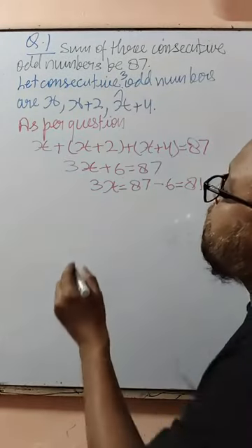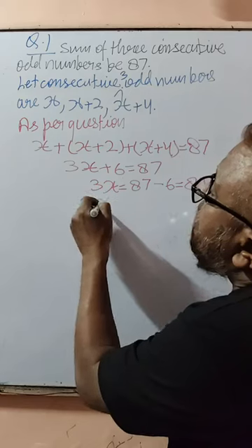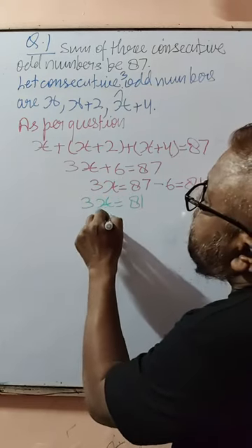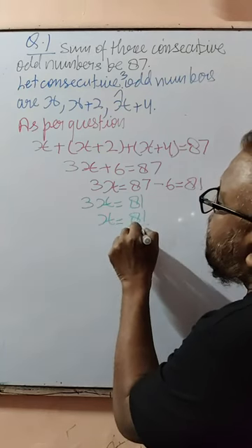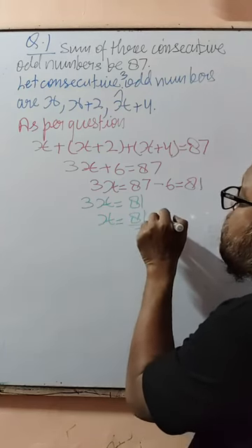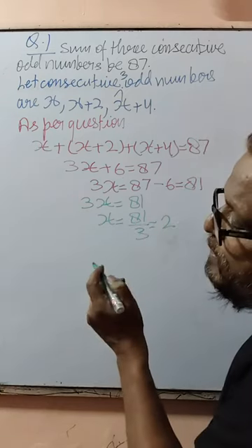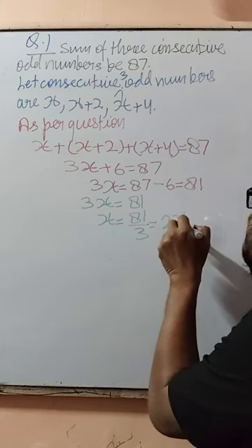So 3x is equal to 81, so x is equal to 81 by 3. 8 minus 6 becomes 2, 1 carries, 7 times 3 becomes 21.